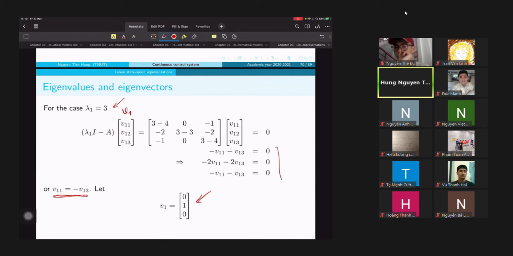And also we have to find more. Because root number 1 is 3, but with multiplicity, in the case of a multiple root we have to find more. Totally we get 3 eigenvalues, so you may have to find three eigenvectors.